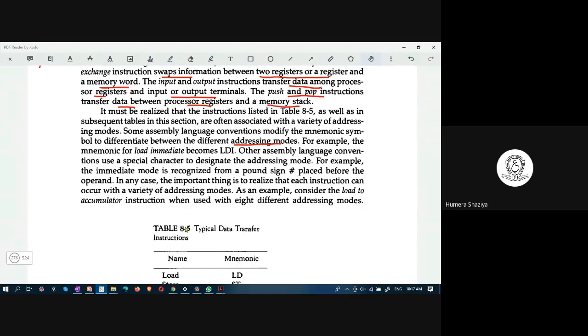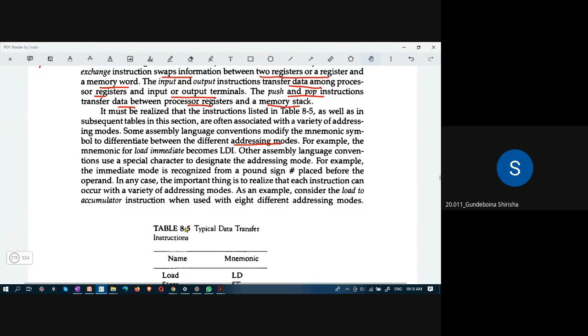Yeah, students, please try. Direct, indirect, indexed, increment and decrement. Register. Auto increment, auto decrement. Those are register mode operations.